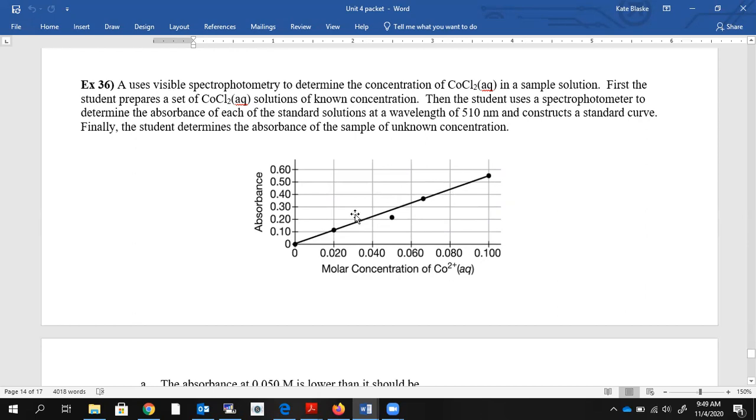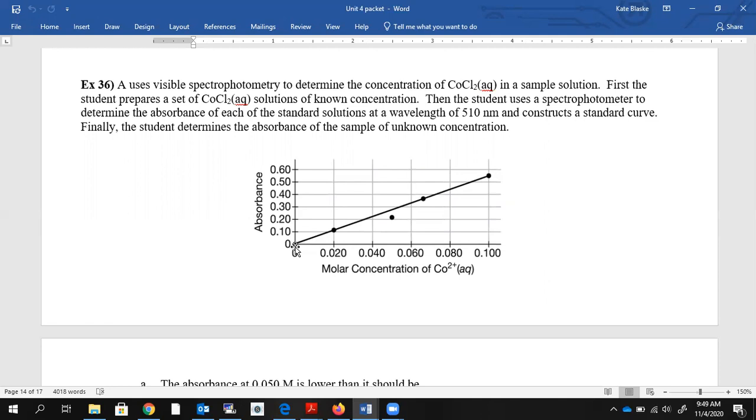So by setting up the standard curve, by setting up the standard line, we know how concentration and absorbance are related to each other. And so then we can make that relationship known for any unknown solution of the same chemical. Now, if we moved away from cobalt, maybe instead of cobalt we had copper or iron or something else, we would have to create a totally new standard curve for that different substance.